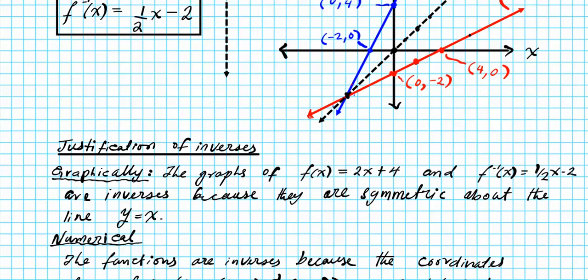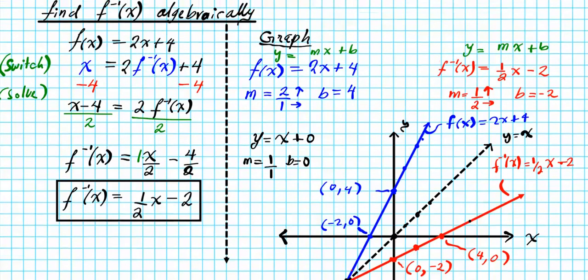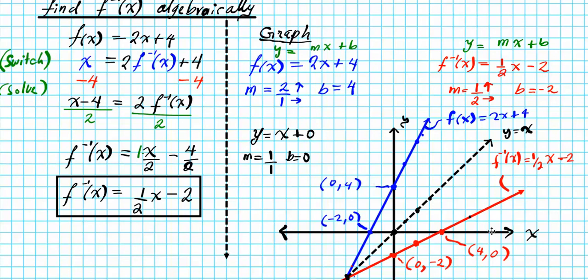Whenever you switch the coordinate pairs of this function, you always end up with a coordinate pair on the other function, positioned in such a way that it's a reflection along the line y equals x. So this switching pattern right here is a numerical indication that these two functions that we have graphed are in fact inverses of one another.